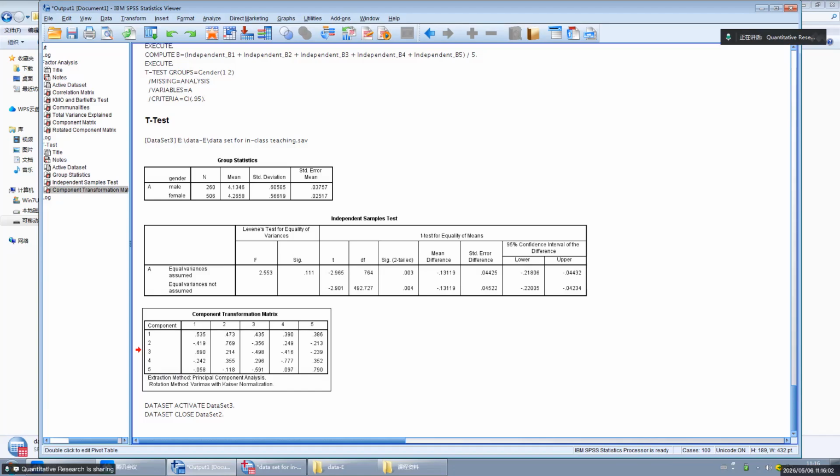It is smaller than 0.05. If it is smaller than 0.01, it is represented by two asterisks.